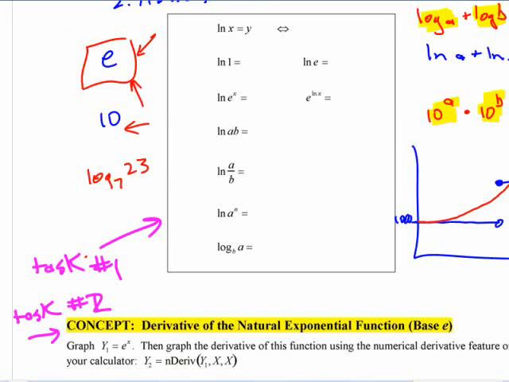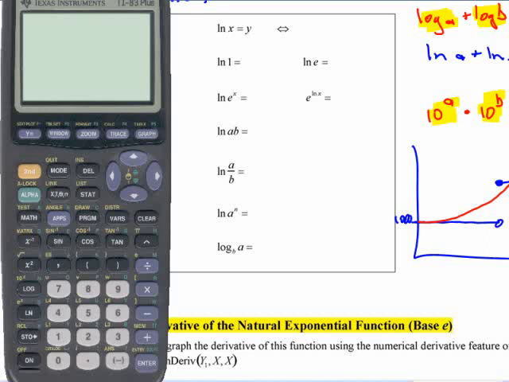Now, this I want you to do just so you can kind of discover what the derivative of e to the x is. You'll recognize it when you see it. This is a way of kind of, if you don't know what the derivative of something is, but you still want to graph, you can get the calculator to do it with that numerical derivative thing. If you put in y1 is what you want, which is, whoops, e to the x, sorry, e to the power of x.